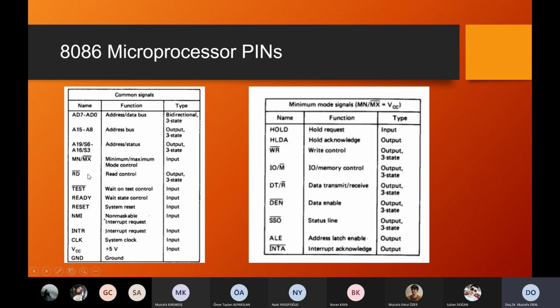So pay attention to minimum, maximum bar, read bar, or write bar, input output memory bar. So you have to be careful with the bar. If you don't write the bar, then you don't get any points, because it means that you don't know when the memory action happens.